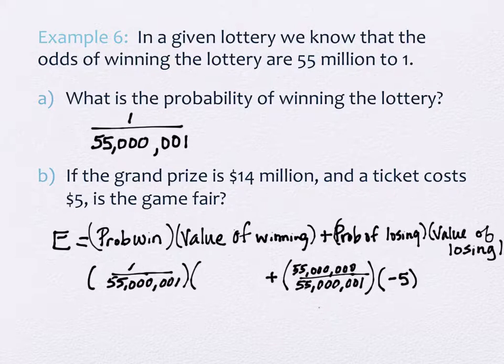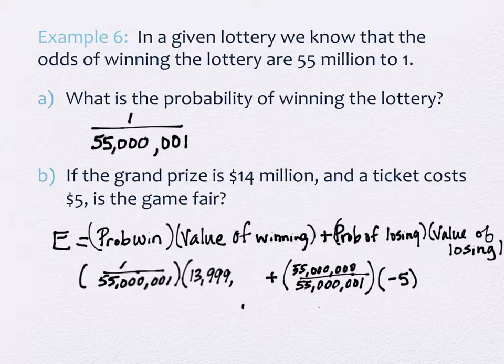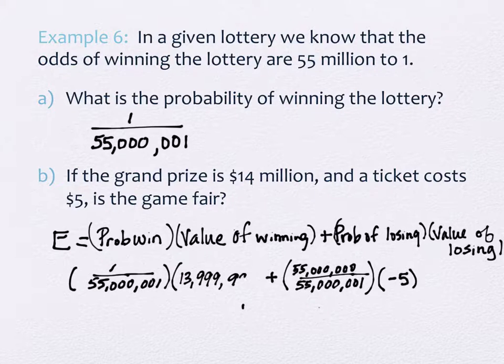So that would be what? 13 million 999,995, right. Let me shift this over just a little bit. Does that make sense to everybody? Every time you win, you've still had to pay to play. So you've always got to take off the cost to play versus what you've won in the game.